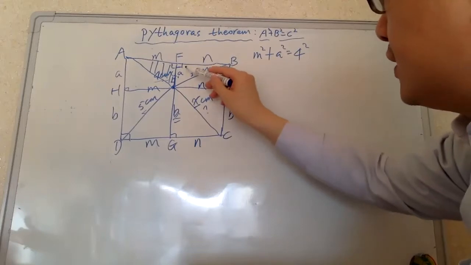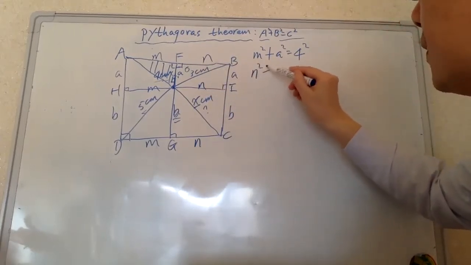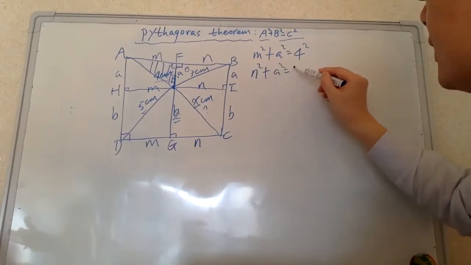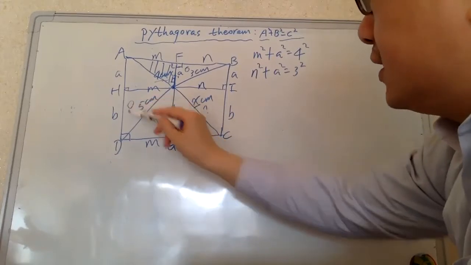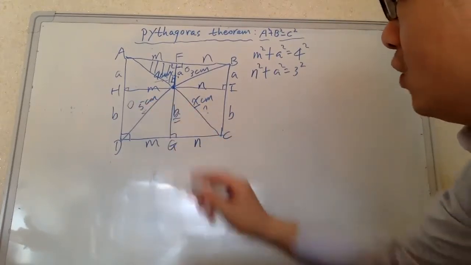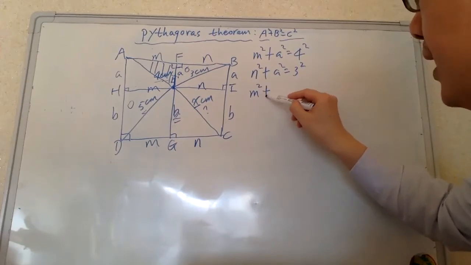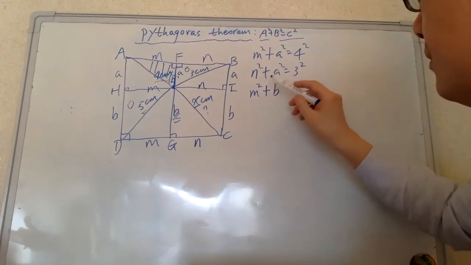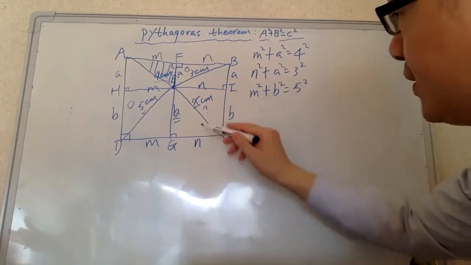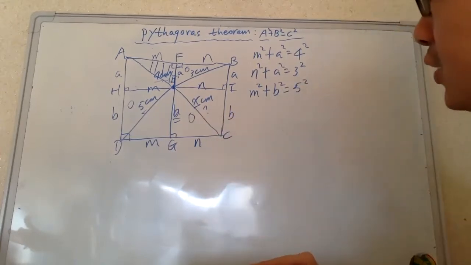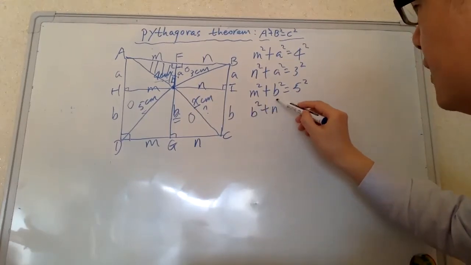In this small triangle, N squared plus A squared equals 3 squared. In this small triangle, M squared plus B squared equals 5 squared. As to this small triangle, B squared plus N squared equals X squared.